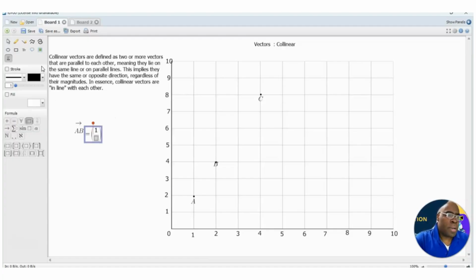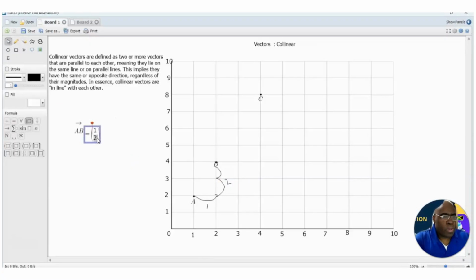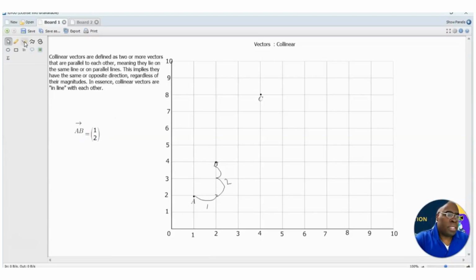Let me show you with my pencil. So 1 on the x-axis is 1 right here, and then to B is 2, so that is vector AB. We can draw a line to represent that vector, of course.